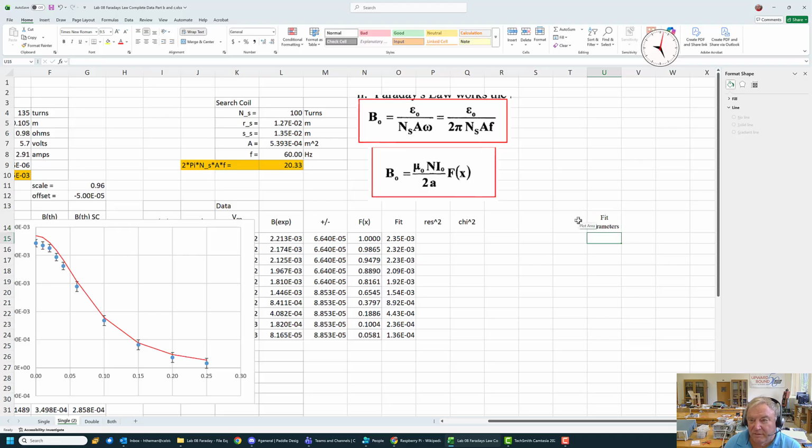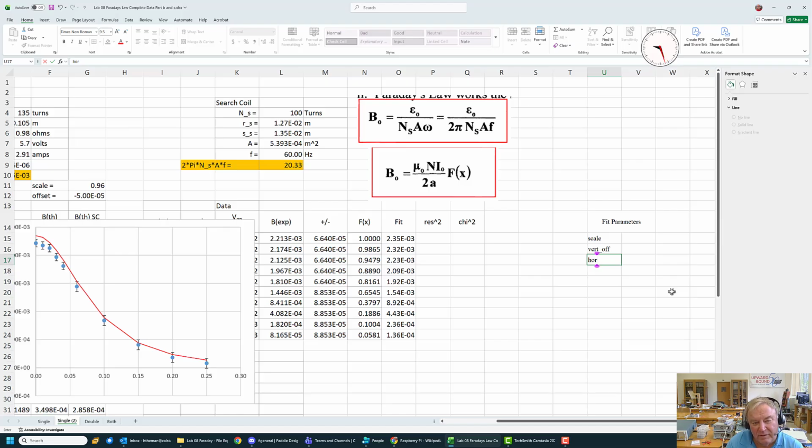Hit enter. And we could do something clever here. We could merge and center. So we're gonna say scale, vert off, and horizontal.